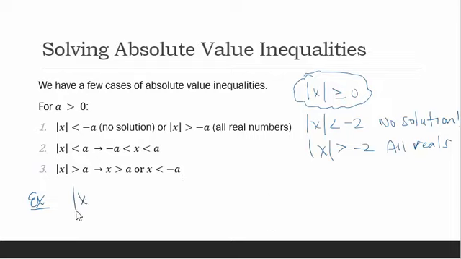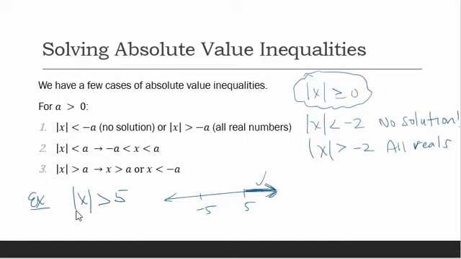On the other hand, if we have the absolute value of x is greater than 5, we want to just decide which numbers will work looking at a number line. And so if I choose a number like 6, this time it will work.